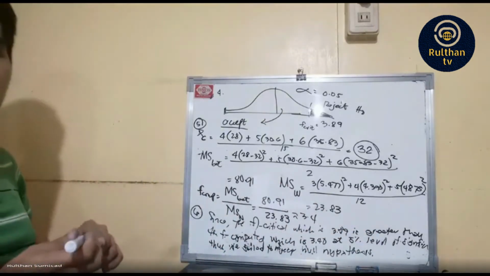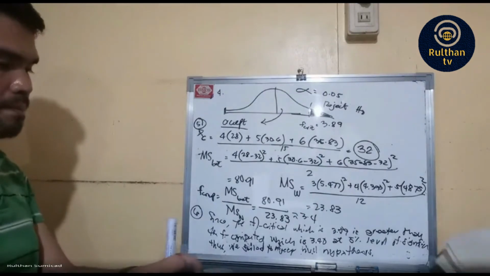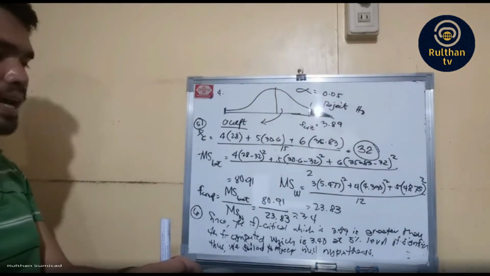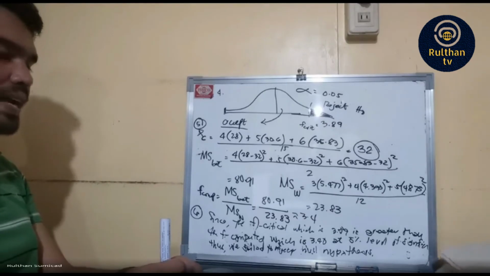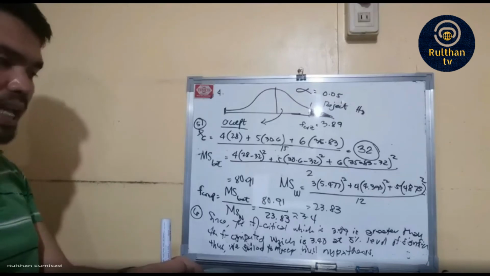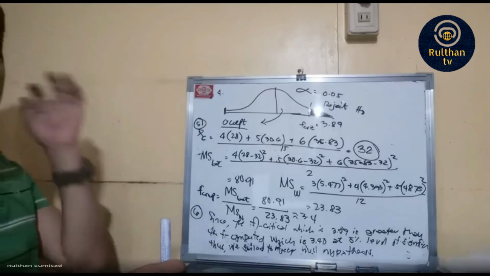Okay, there you go. There you have it. Since the F critical, which is 3.89, is greater than the F computed, which is 3.40, at 5% level of significance, thus we fail to reject the null hypothesis.